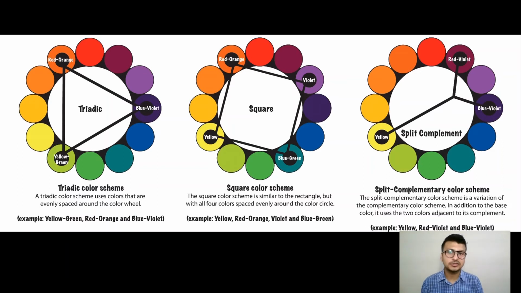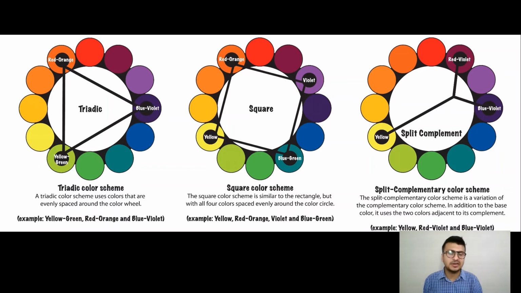Next is the square color scheme. The square color scheme is similar to the rectangle, but with all four colors spaced evenly around the circle. For triangle we use triadic, for square we use the square color scheme, and for rectangle we use the rectangle scheme. So here we are making a square rather than a rectangle, with four colors evenly spaced.